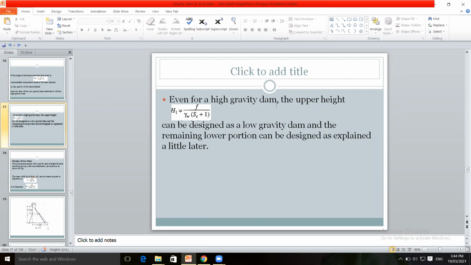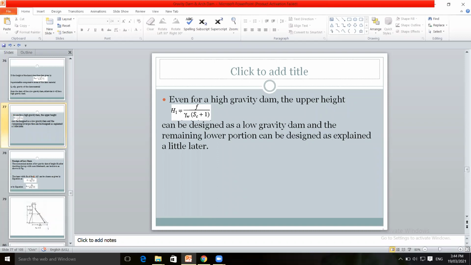Even for a high gravity dam, the upper height is H1, which is equal to F by gamma W into bracket SC plus 1. H1 can also be used for calculating the upper height for a high gravity dam, which can be designed as a low gravity dam.